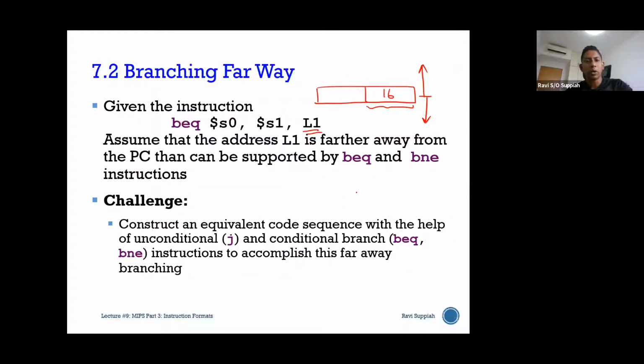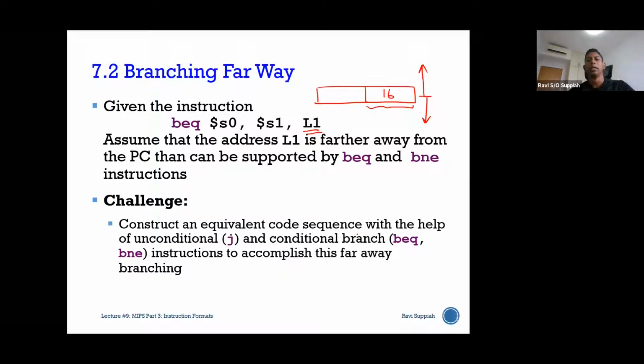If it's beyond the range, then from the compiler's perspective, if it sees that this label is beyond the range, it will reconstruct some additional code to branch to somewhere else and then do a jump, depending on what the final location is.